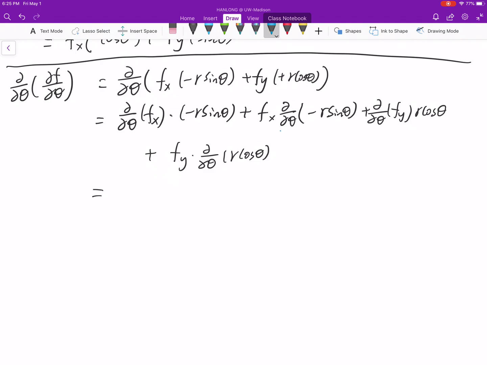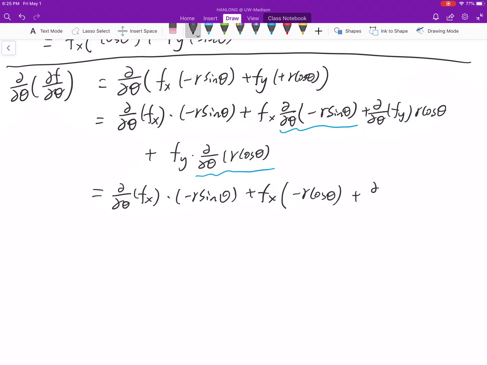You see here, the theta derivative of negative r sine theta and the theta derivative of r cosine theta are both easy. We didn't do anything about the first one, so we keep it. Plus fx, and here you have negative r cosine theta, plus partial theta fy times r cosine theta, plus fy times negative r sine theta.